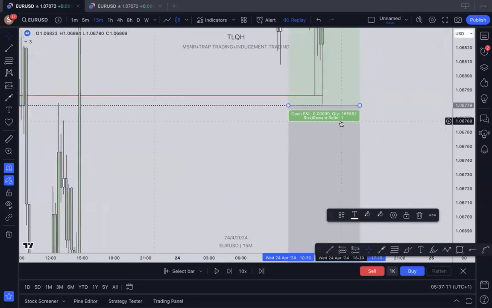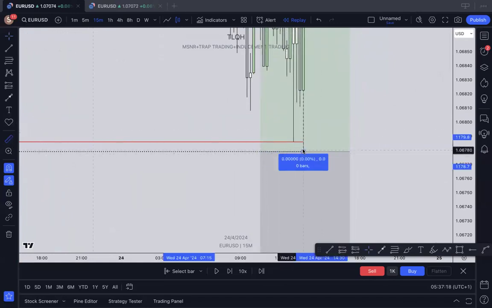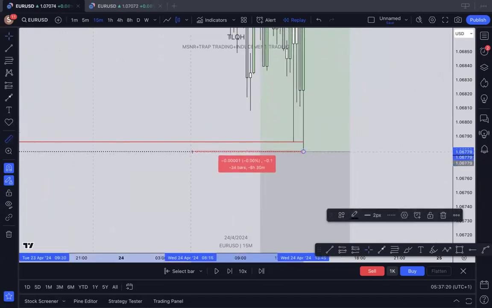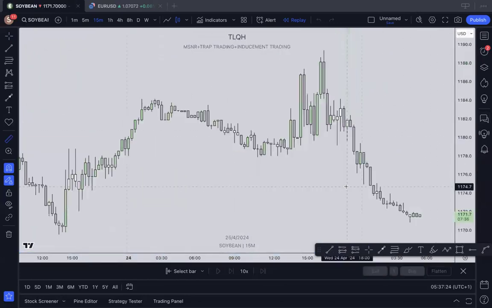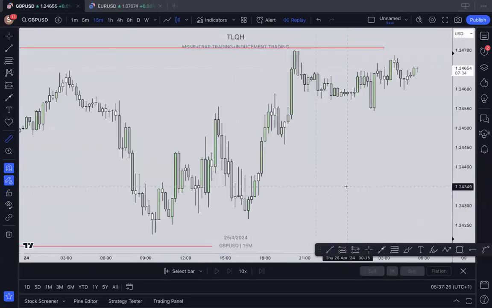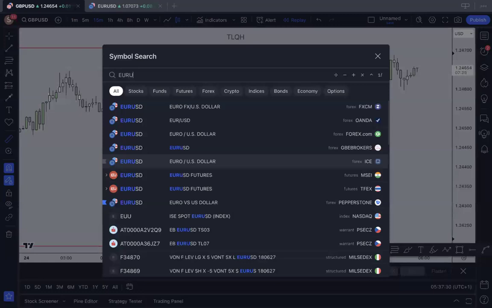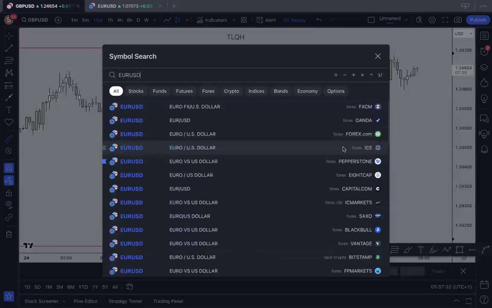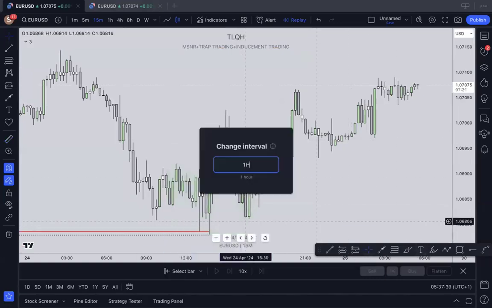Oh no, so you would have been just about a pip, not even a pip. Let's see, 0.1 pip. So maybe you do want to put it a little bit higher, but nevertheless, you could have got in on the confirmation entry.